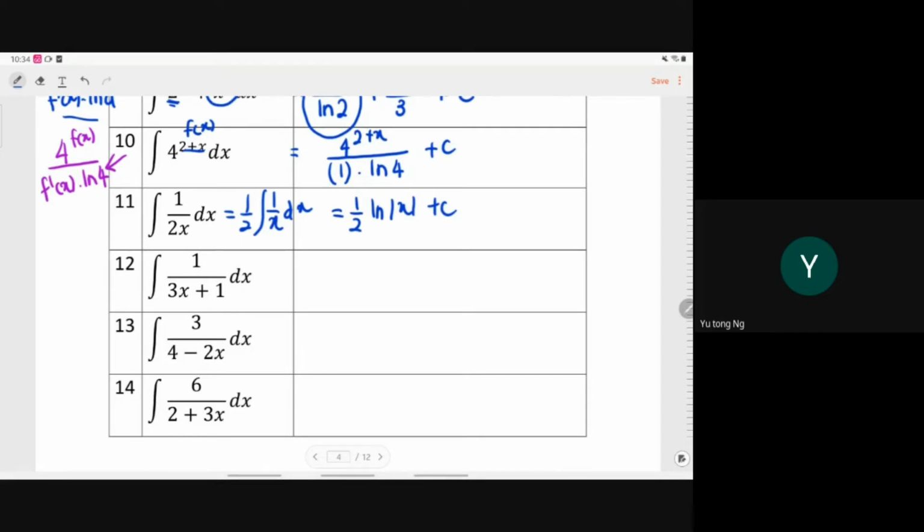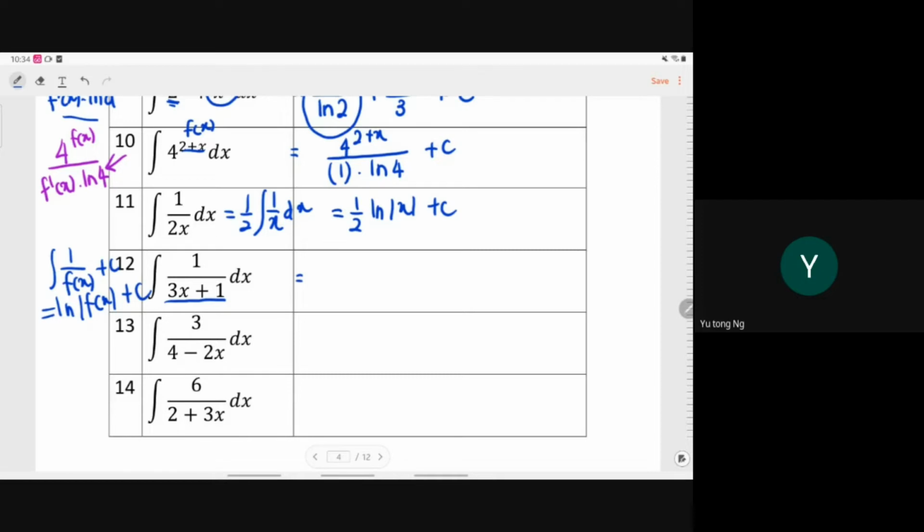Okay, so this one, 1 over 3x plus 1. Sama case macam nombor 11, which integrating, but this one is f(x). So 1 over f(x) plus c, always be ln f(x) plus c. Cuma kita ada product differentiation kat sini. Because this one is 3x plus 1, so kena darabkan dengan f prime x kat depan.